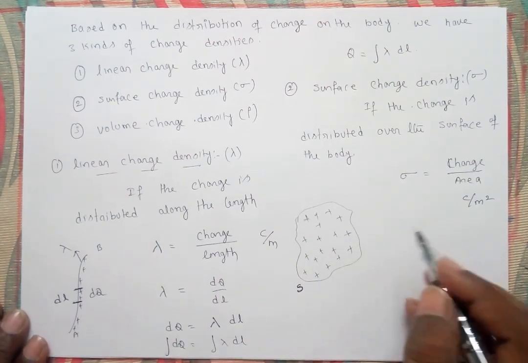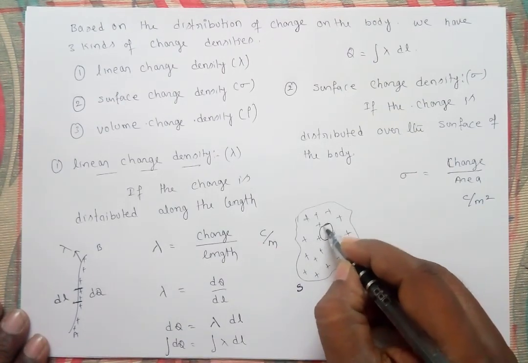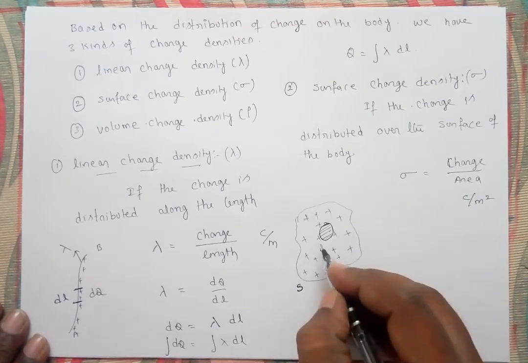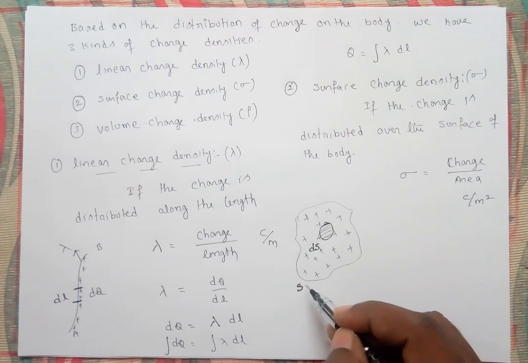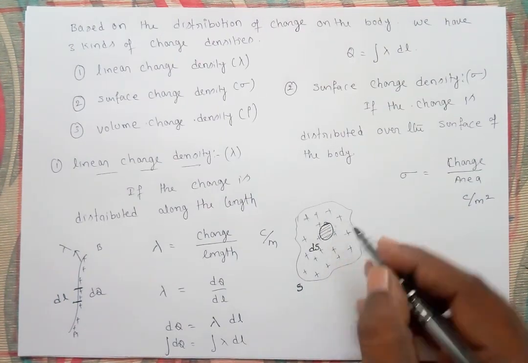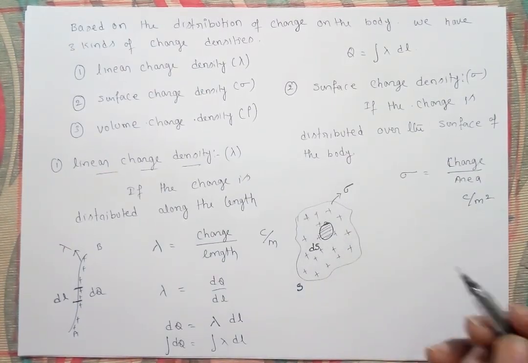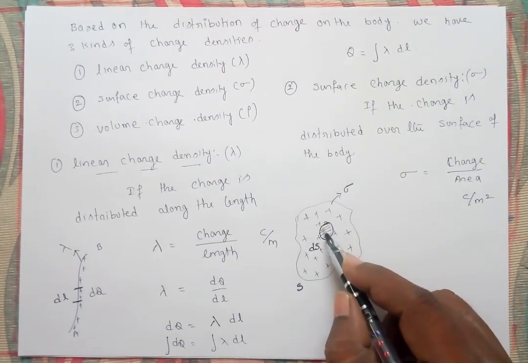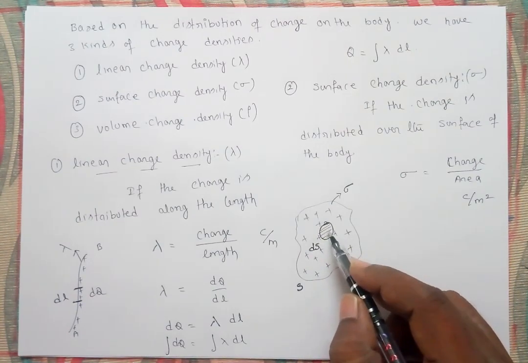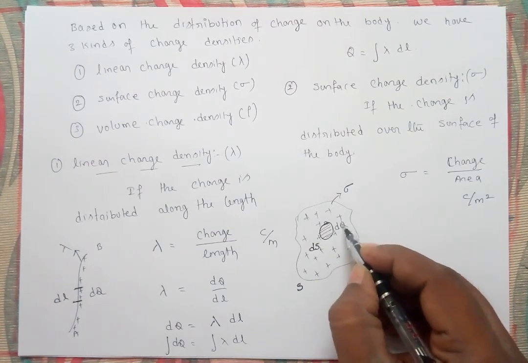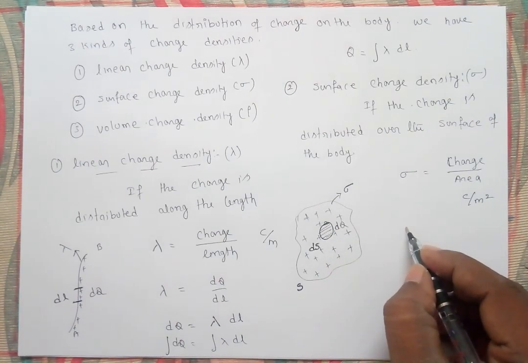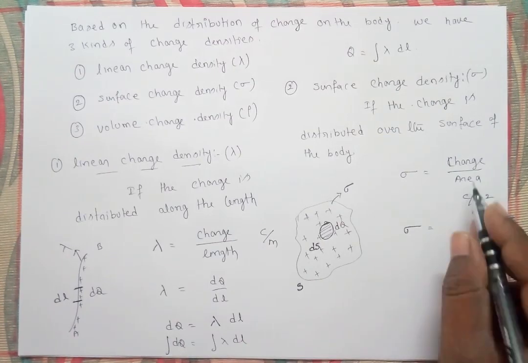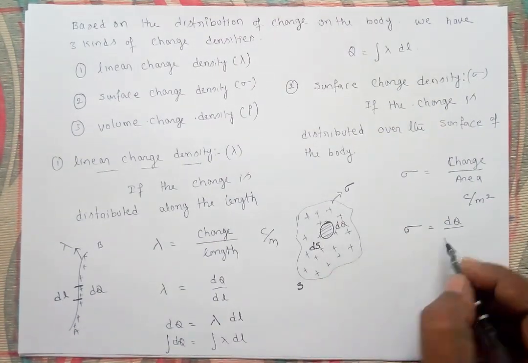If you take a small area with area vector ds, and let its charge be dq, then sigma equals charge per unit area, dq by ds.